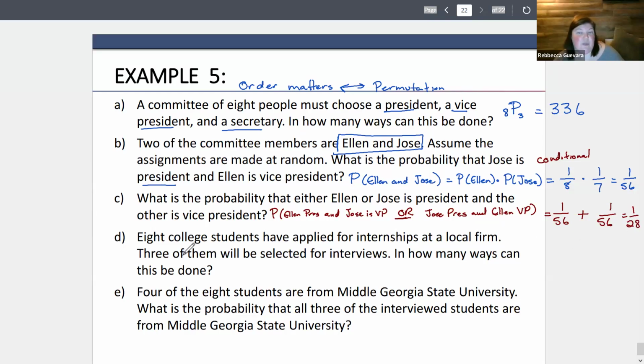Here we have 8 students applying for an internship at a local firm. 3 of them are selected for interviews. How many ways can this be done? So we're just selecting 3 for interviews, but we're not specifying who's being interviewed first or anything like that. It doesn't seem to matter. So I'd say order does not matter.